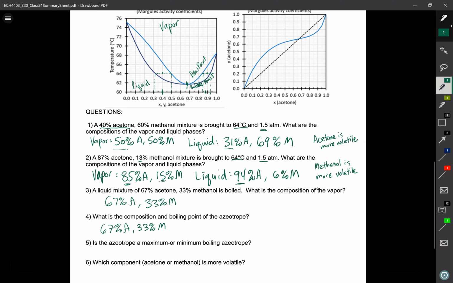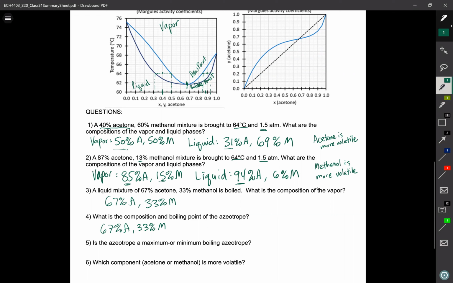Is the azeotrope a maximum or minimum boiling azeotrope? I haven't mentioned this, and this is another curious thing that happens with azeotropes. If I go back to what the TXY diagram was for an ideal or a zeotropic mixture, the bubble point and the dew point, in other words, where these curves were always in between the pure component boiling points.